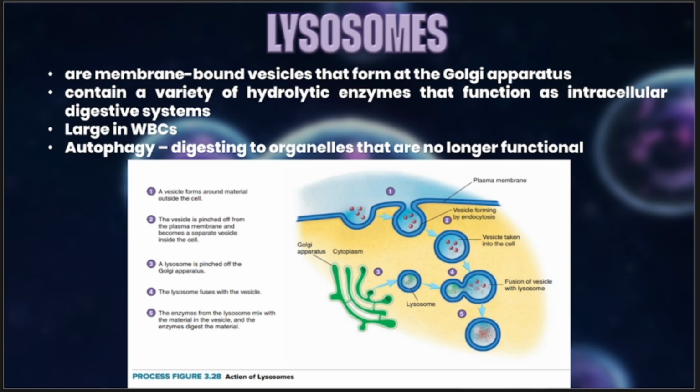For example, Tay-Sachs disease. Tay-Sachs disease is a rare genetic disorder in which lysosomal enzymes are unable to break down gangliosides. Gangliosides are specialized membrane lipids of your neurons, and these lipids therefore accumulate in the cells and cause damage.